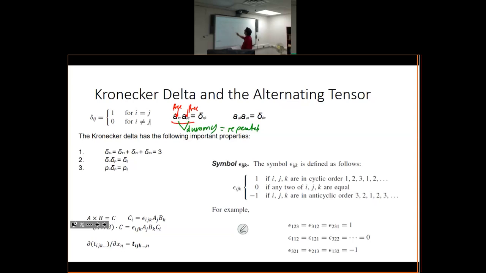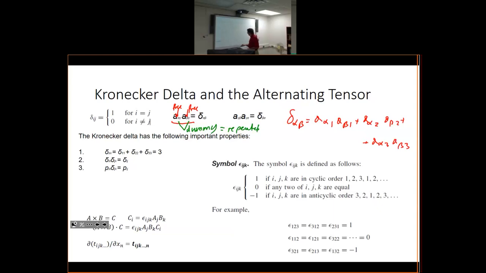However, each term of the matrix, like delta alpha beta, would be A alpha 1 A beta 1 plus A alpha 2 A beta 2 plus A alpha 3 A beta 3.